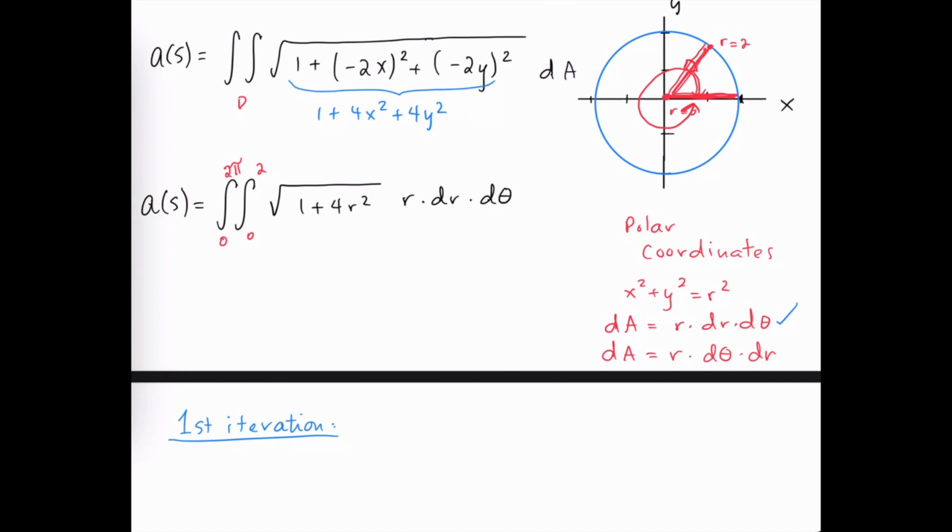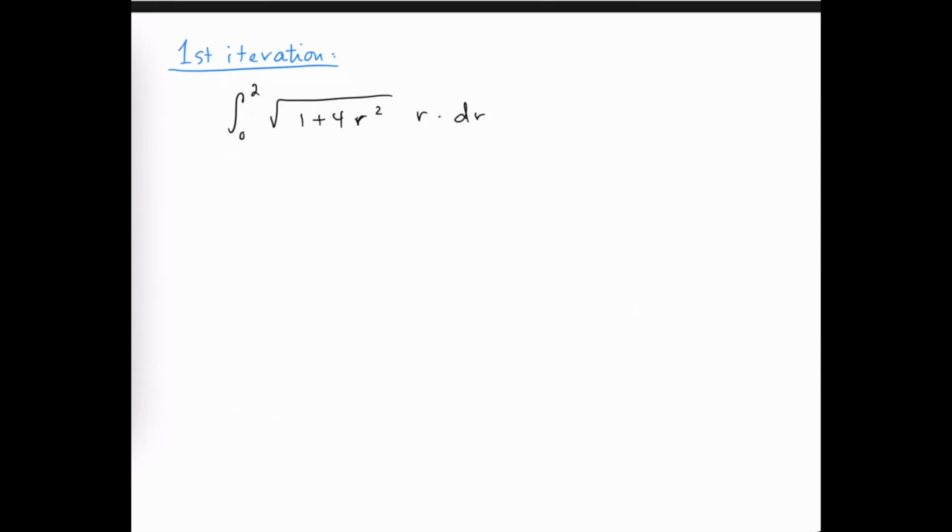So now we're ready to integrate, and the inside iteration is going to be the integral from 0 to 2 of the square root of 1 plus 4r squared, r dr. Now we'll use u substitution in order to calculate this integral, where we let u equal 1 plus 4r squared, and du will be 8r dr. So we need a factor of 8 in here, and we fix that up by multiplying by 1/8 on the outside.